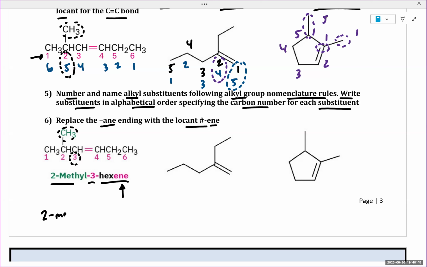Another older method would be to name this compound as 2-methylhex-3-ene. Both of these naming conventions are commonly used, but I would prefer you use the naming convention where you place the alkene locant number before the full chain name.